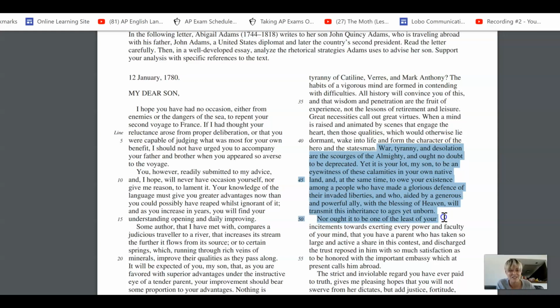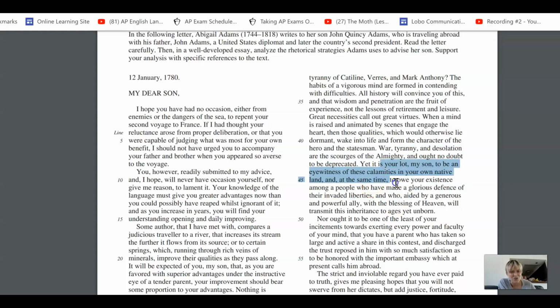If my mom talked to me like this, I would be like, whoa. So basically, what is she doing here? She's saying that all of this stuff that's happened to the country, this is definitely a call to patriotism. She's trying to use this idea of the country and the struggles that the country has gone through in order to explain to him how he's important in the story for this country.